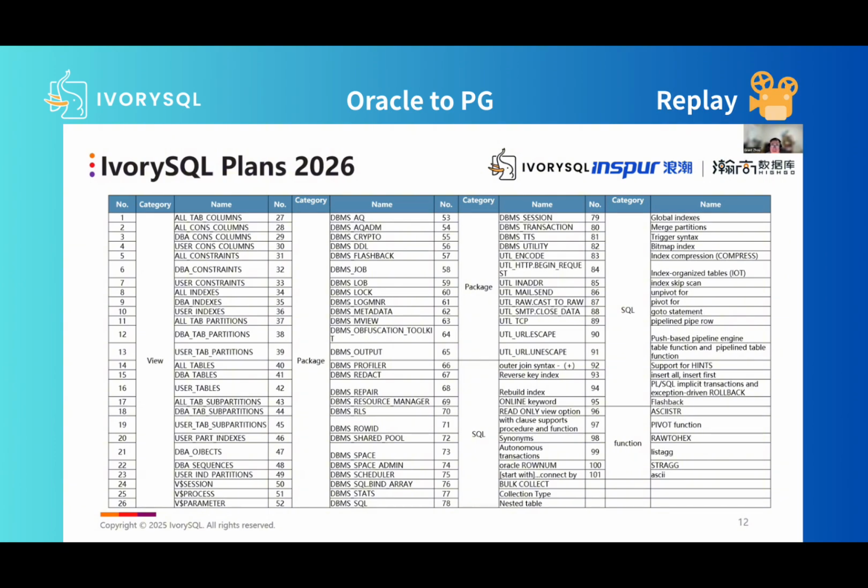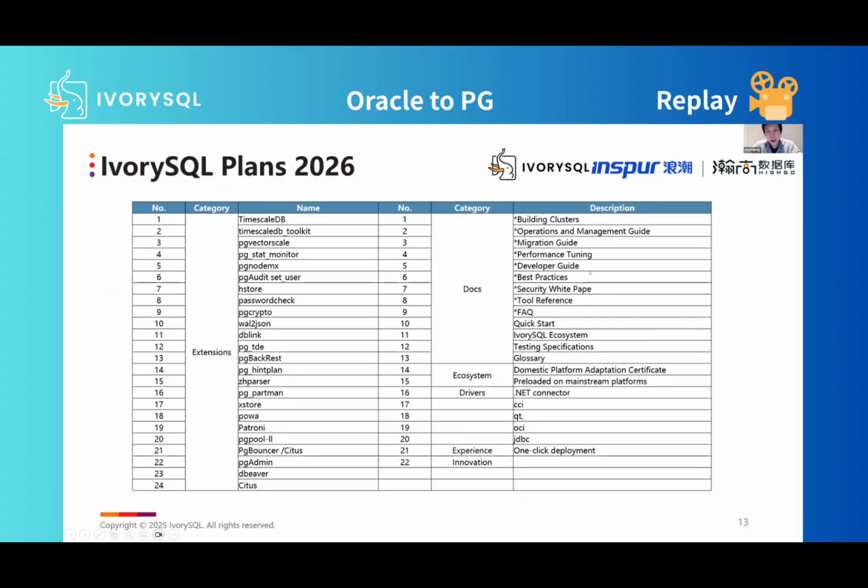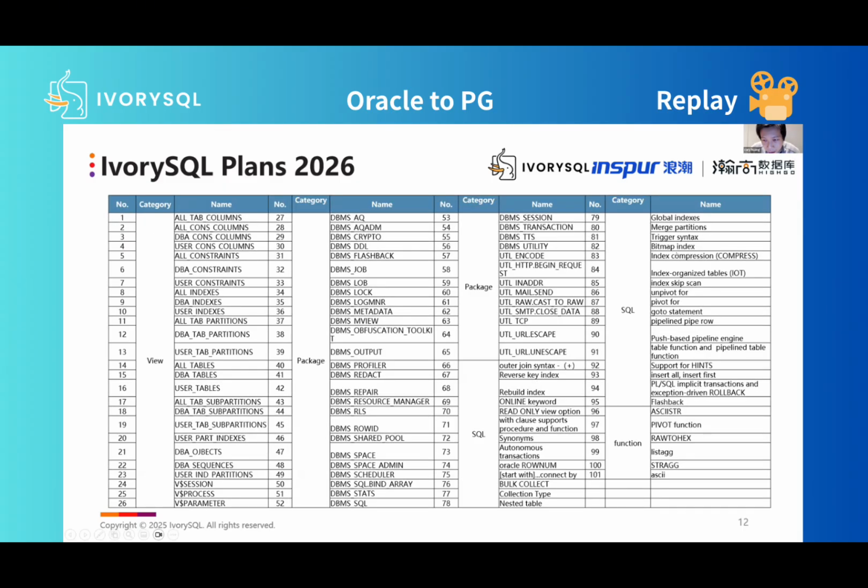So this is a list of features, and most of the features I take from the SQL category, including the global index, trigger index, nested tables, autonomous transaction, synonyms, etc. So most of the features in the poll that we are voting for are actually in the SQL category.